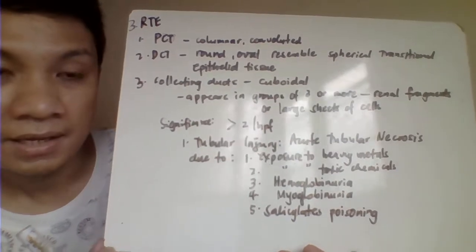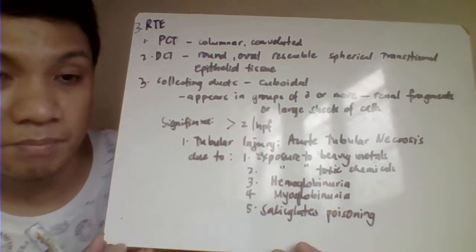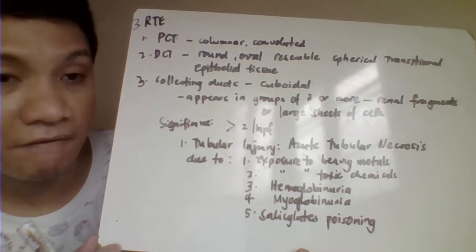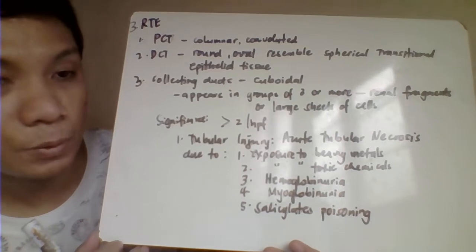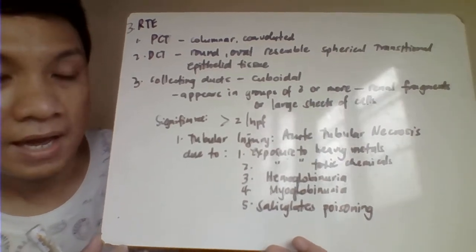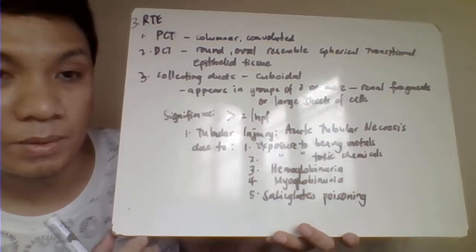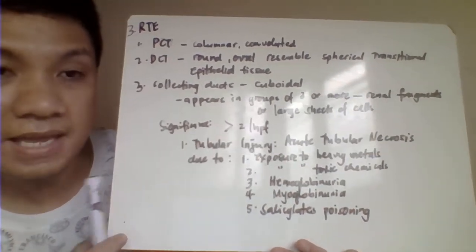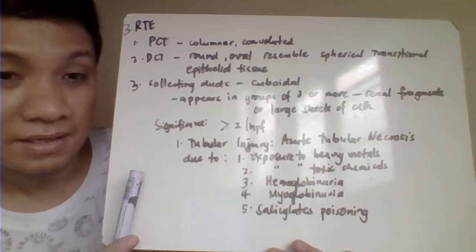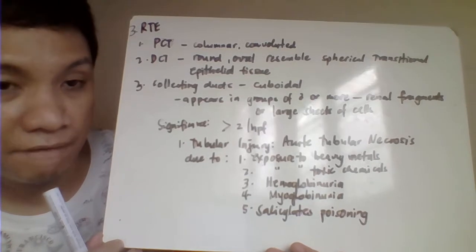Another one, RTE found originating from your collecting ducts, appears to be cuboidal and never round in shape. And this one usually appears in groups of 3 or more. You call that your renal fragments, or large sheets of cells. Basically the RTE becomes significant if you have more than 2 per HPF.